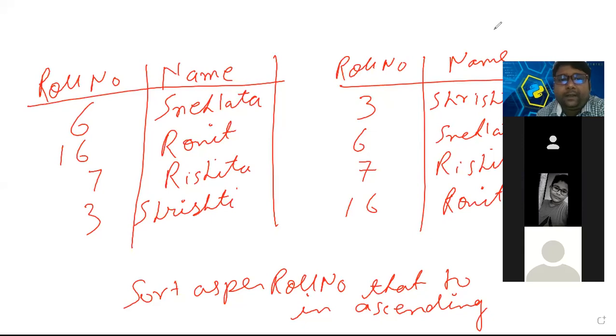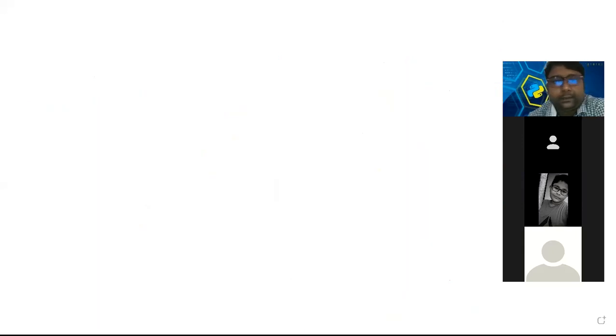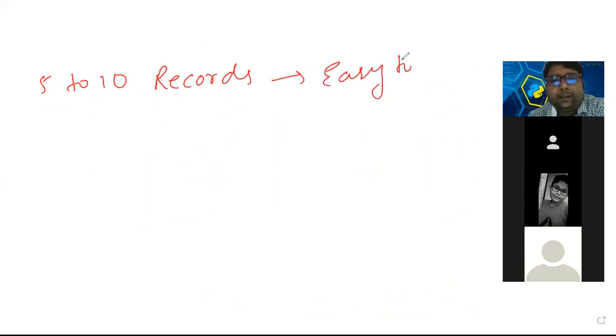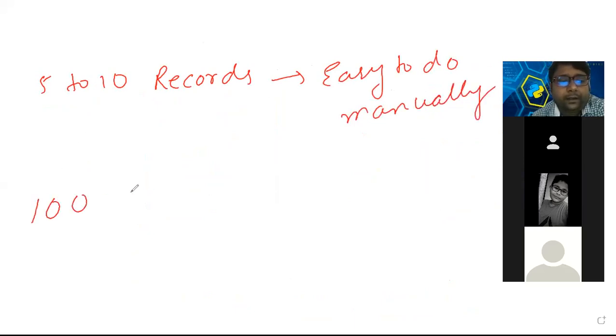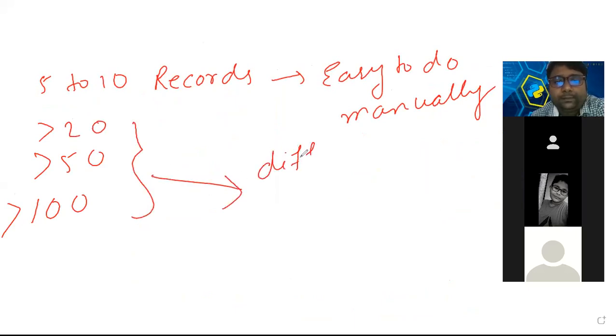But if we have more data, if we have 5 to 10 records, in database we call them records, it is easy to do manually. But if we have more than 100, more than 50, even more than 20 data, it is difficult to do manually.